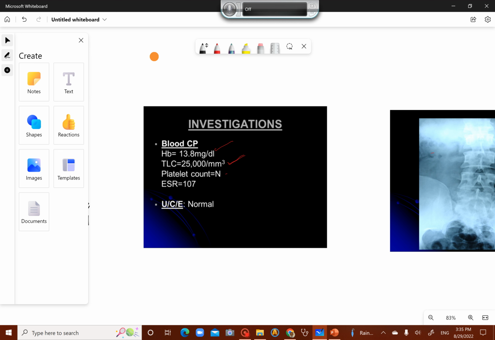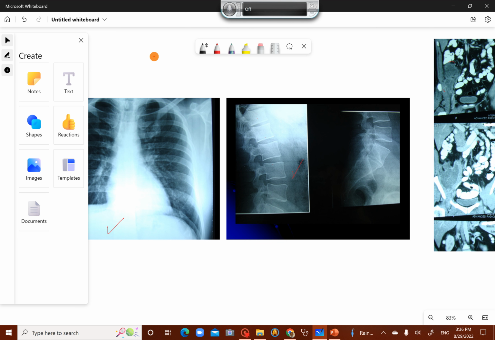And X-ray lumbar spine, requested by the neurologist, the lumbar spine was within normal limits. The bodies of the lumbar vertebrae, the intervertebral discs, pedicles, all were within normal limits.